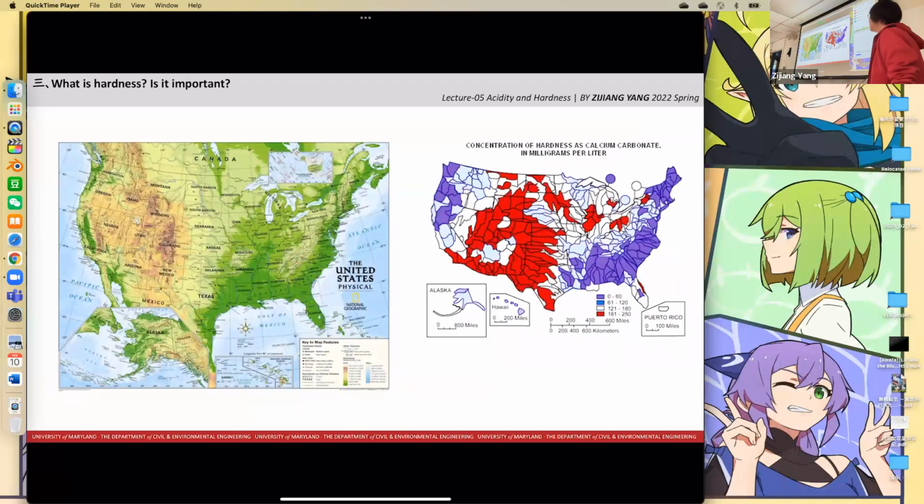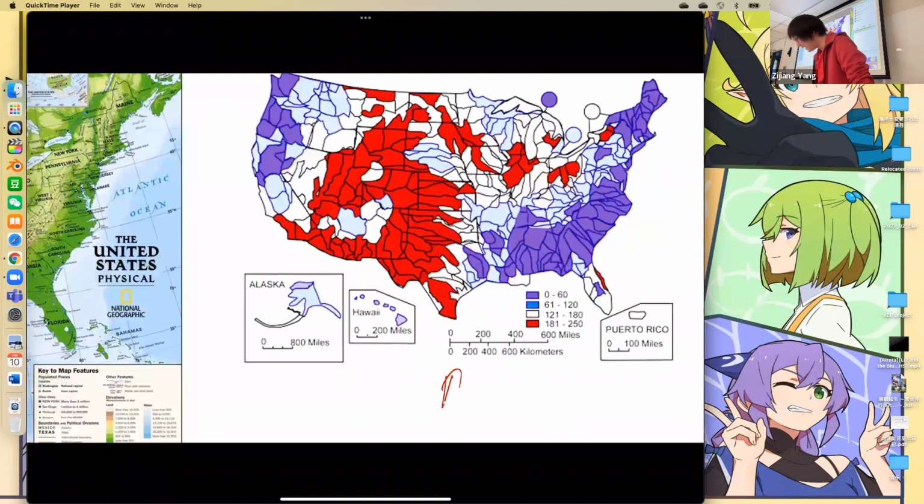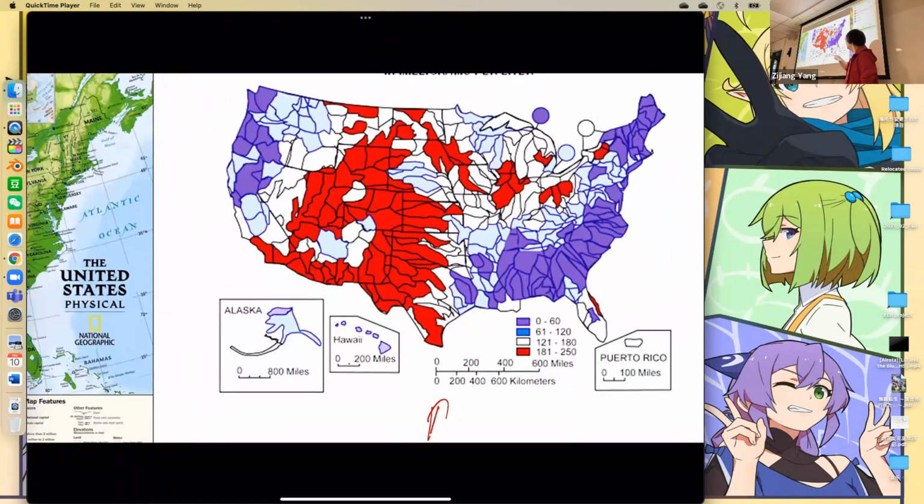Here shows the water hardness in the United States on the right side. For comparison, I grabbed the geographical map of the United States on the left side. By looking at these two maps together, I guess we can find some clues. In the map on the right side, the red refers to higher hardness, followed by the white. Most of the water that has very strong hardness is around here.